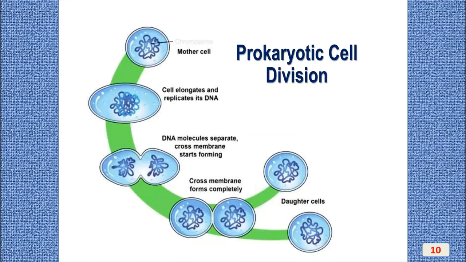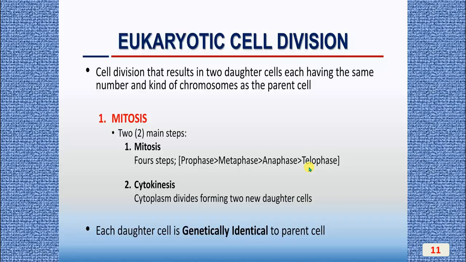The mother cell, a prokaryotic cell, is going to divide as the cell elongates and replicates its DNA material, which is divided into two halves. Later, the genetic material is shared between them, and identical daughter cells are generated.